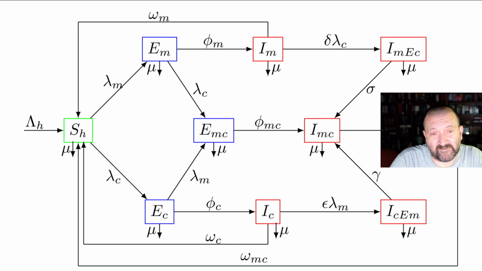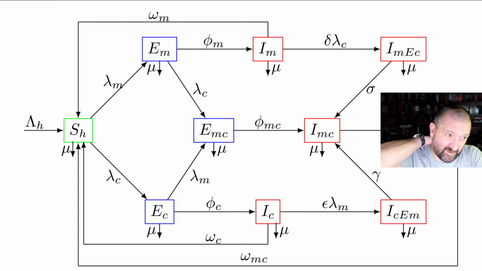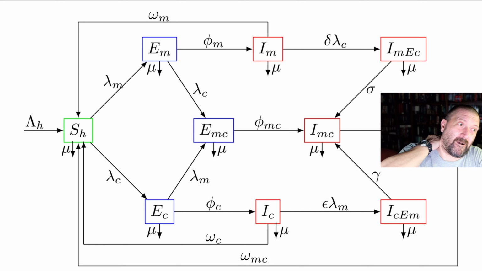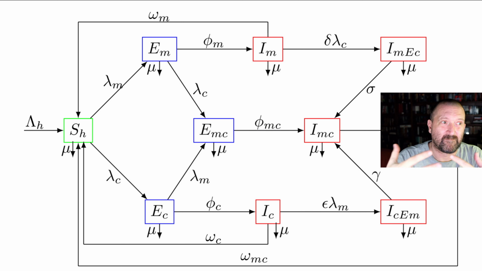HIV and TB, for instance, are two diseases that mix, unfortunately, quite well, because the lowered immunity that you have as an HIV-positive patient makes it more likely to catch TB if you're in a TB-rich area. And so this is a type of model that you'll see.